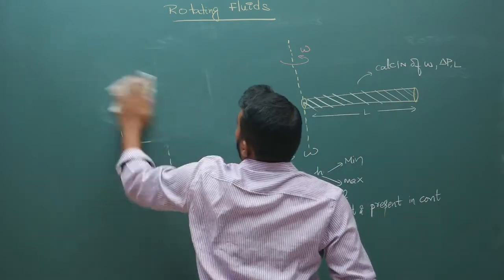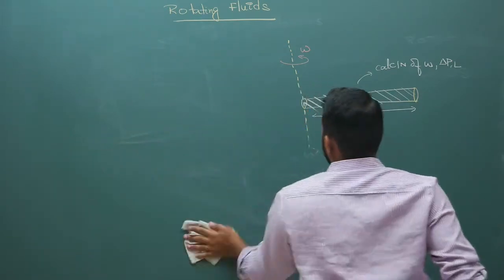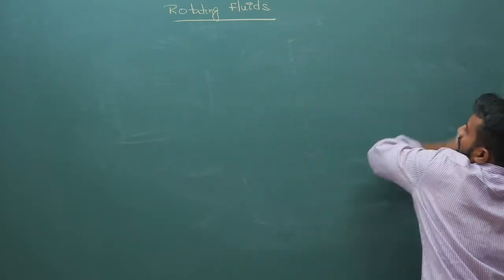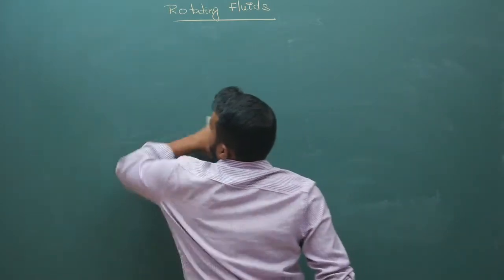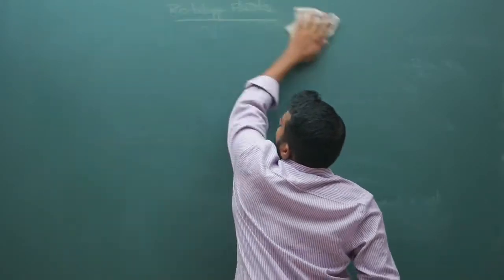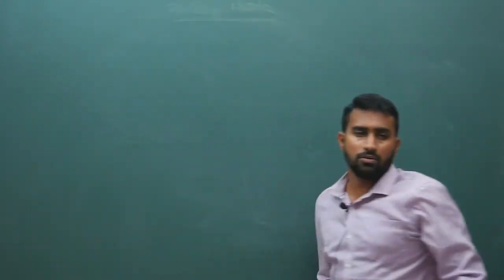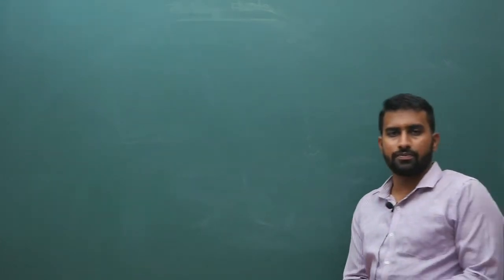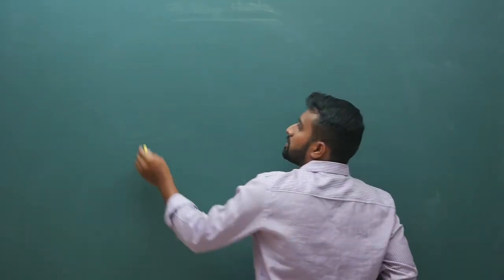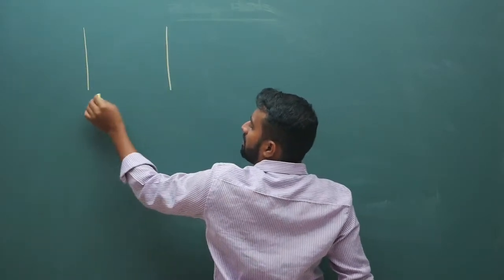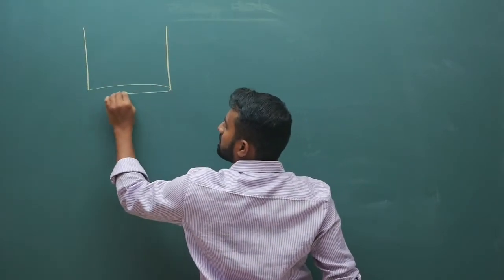Let me explain first what is given, and I will try to derive different quantities from that. Now observe carefully. You have a container like this.